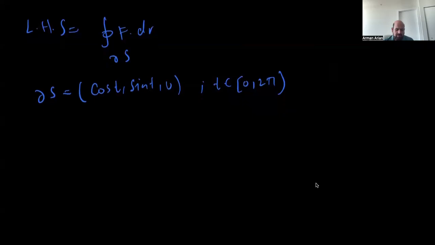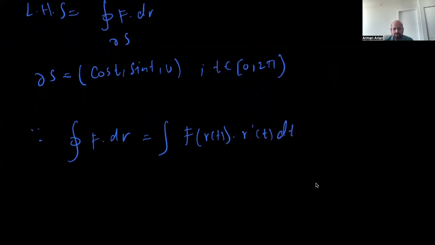So we calculate the integral of F dot dr by calculating F of r of t dot r prime of t dt.